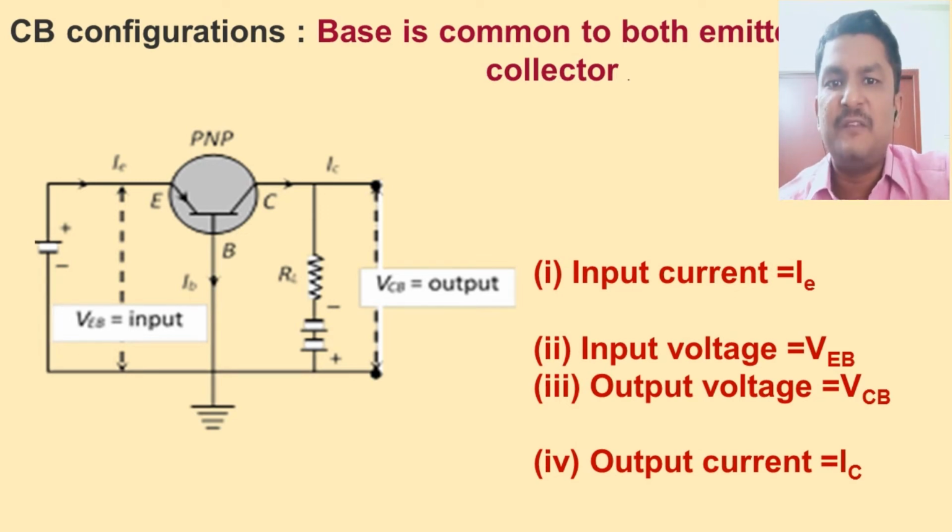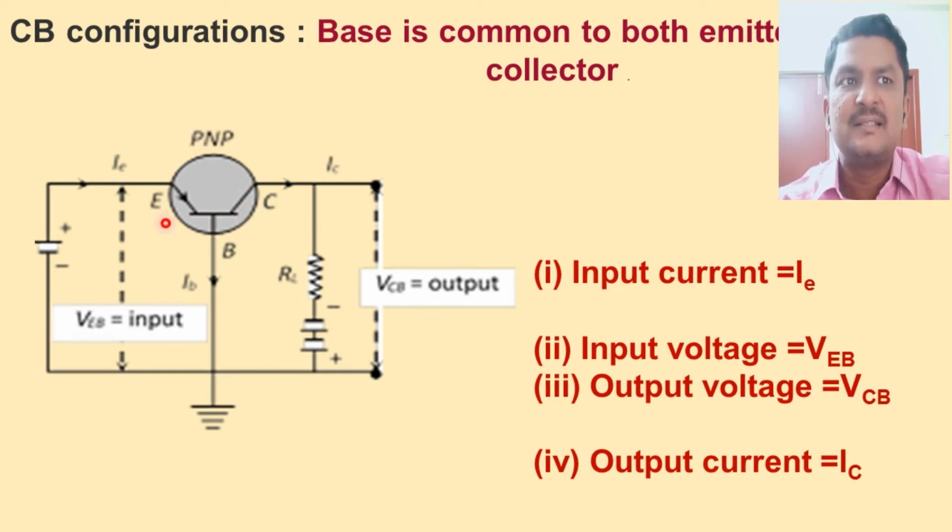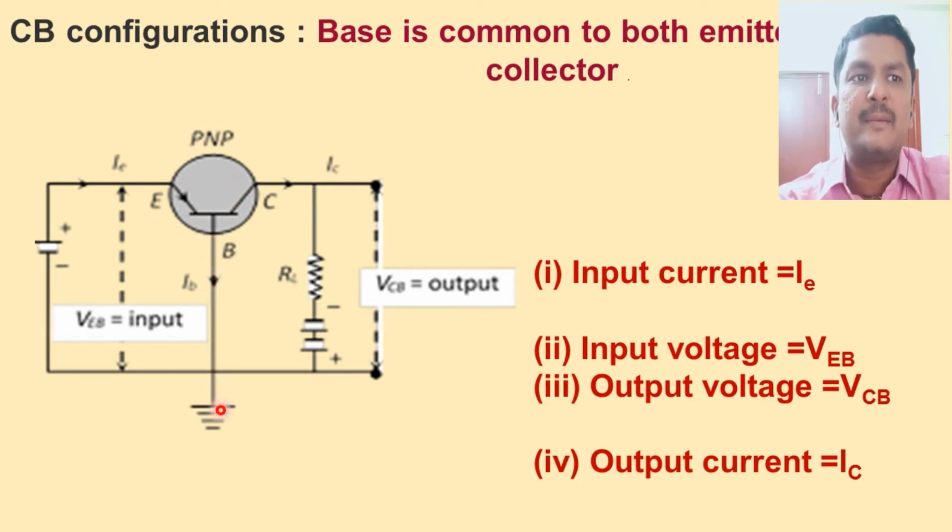Common base configuration, and I consider a PNP transistor. In a PNP transistor, the base is N-type semiconductor. So in CB configuration, base is grounded. The input is between emitter and base, VEB is input.